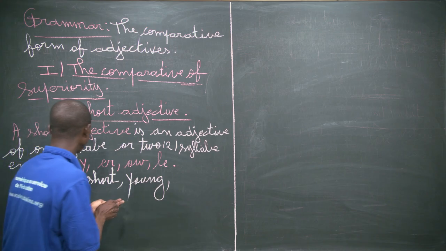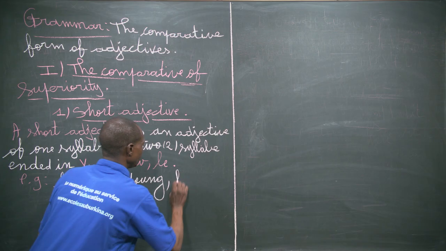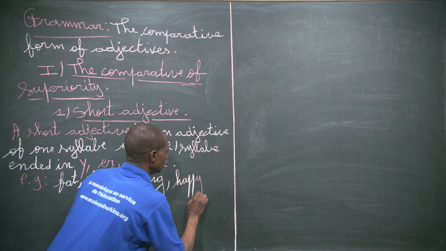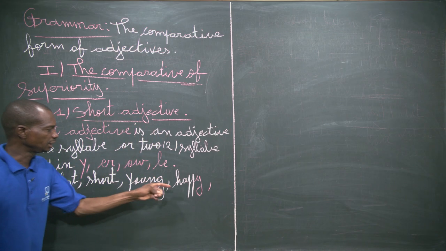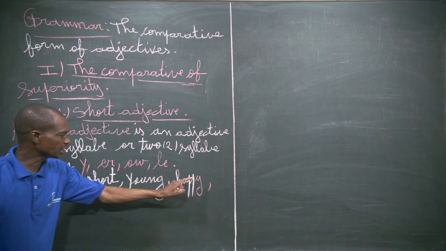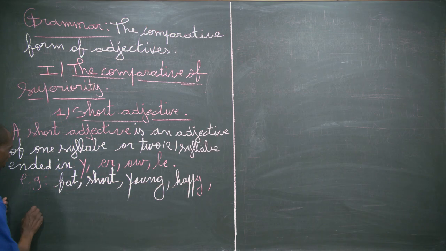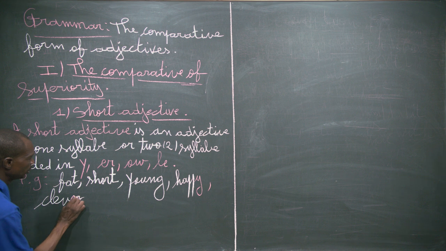Then we have adjectives in Y, for example happy. This is an adjective of two syllables, but it ends in Y, that's why it is a short adjective. We take, for example, clever. It is an adjective of two syllables, but it ends in ER.